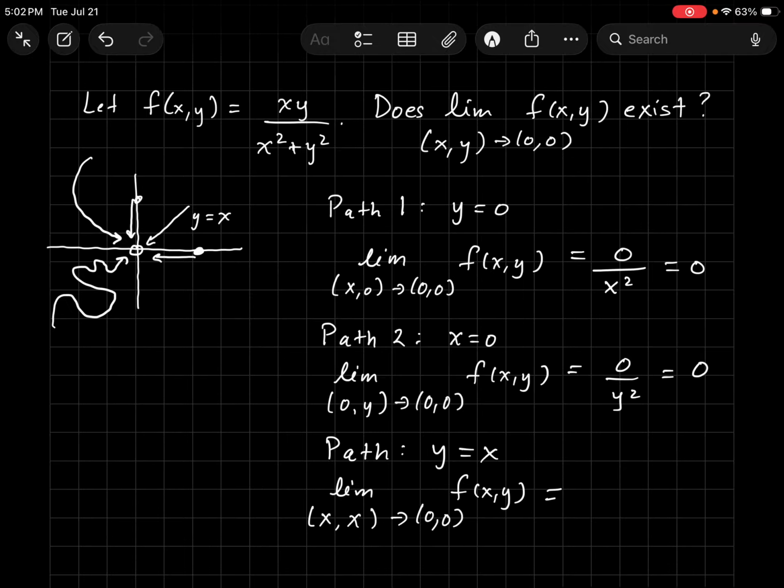So the limit, if we plug in back up into here, is going to give us x squared over x squared plus x squared, because y equals x, which equals 1/2. So since we have a path whose limit does not equal other paths, we know that the limit does not exist.